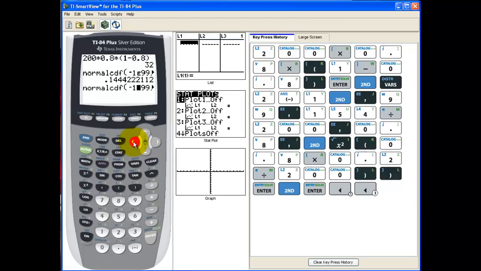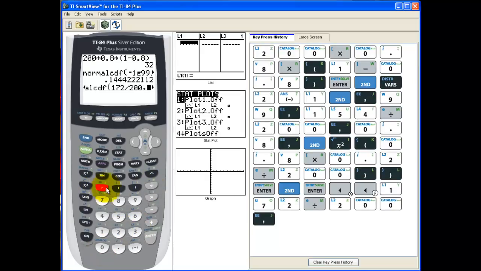Now, in this case, 172 out of 200, right? So we want to take 172 divided by 200. And then our proxy for positive infinity, and it'd probably be helpful to see what we're keying here. We don't want to make some kind of mistake.